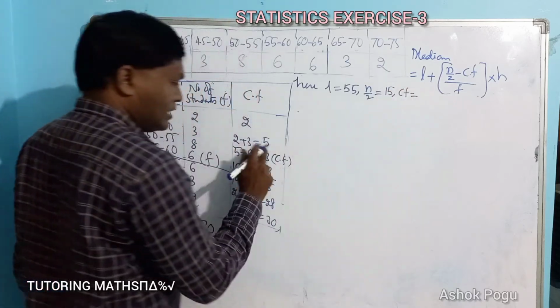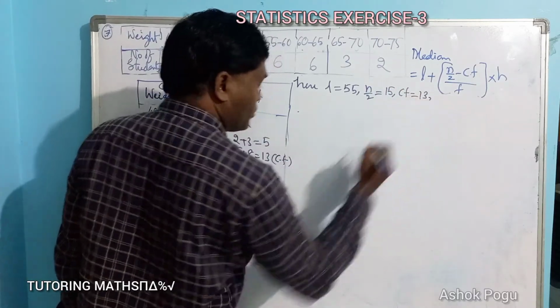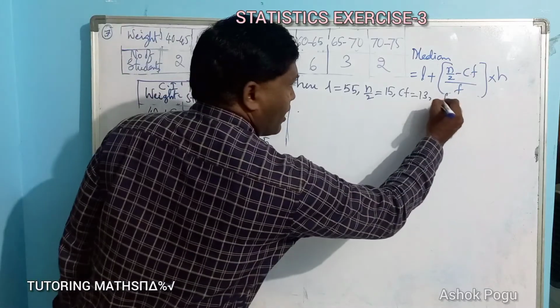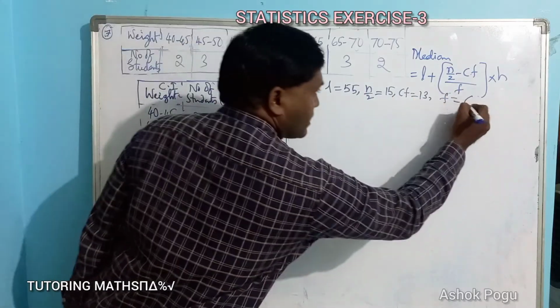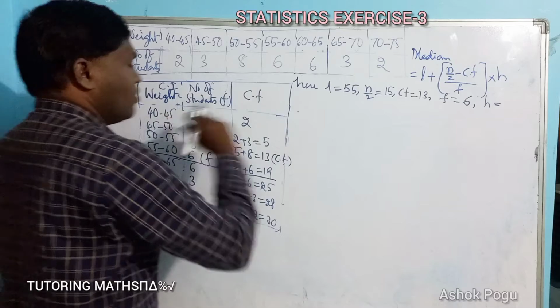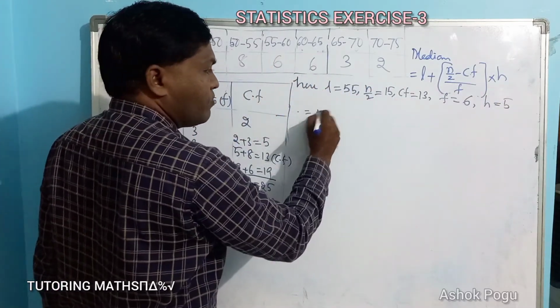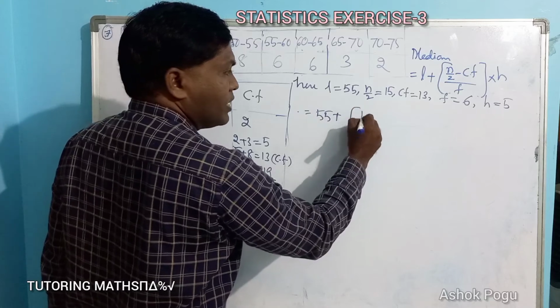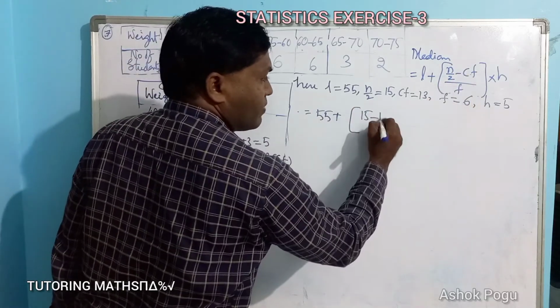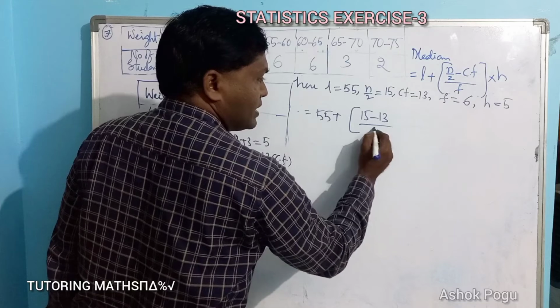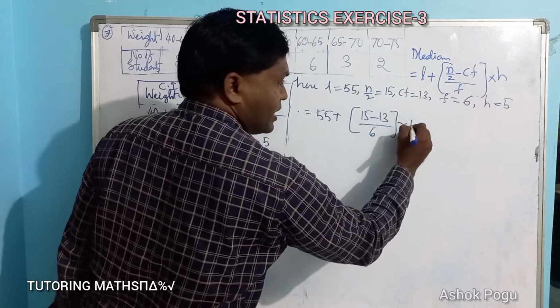Cumulative frequency is 13, small f is 6 and height h is 5. Let us substitute the values. Lower boundary 55 plus, half of n is 15 minus cumulative frequency 13, by frequency 6, into height 5.